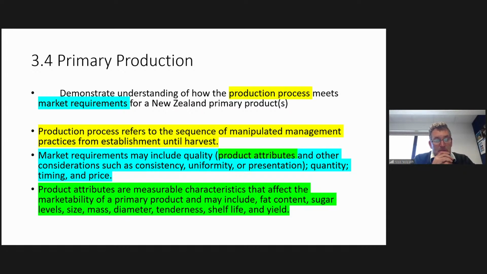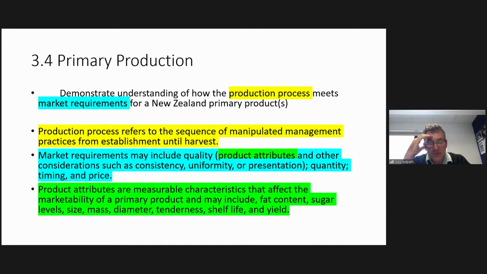As well as the ones mentioned, some markets will also have consistency and uniformity or presentation requirements. So consistency talks about having consistency over time.